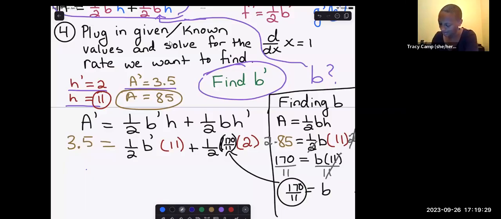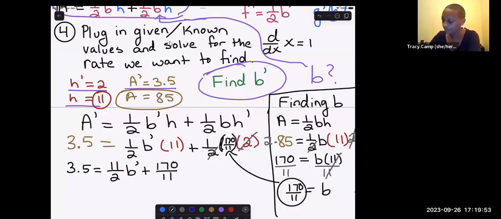So it looks like I can cancel these 2's out. What I have is 3.5 equals 11 over 2 B prime plus 170 over 11. And now I'm working to solve for B prime.